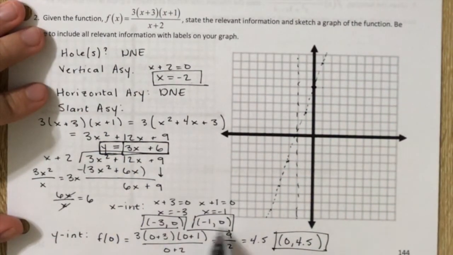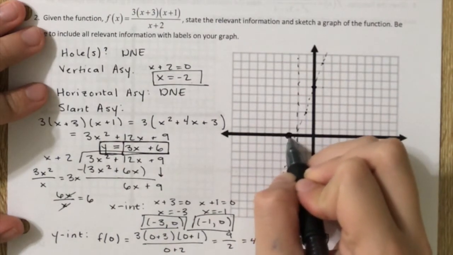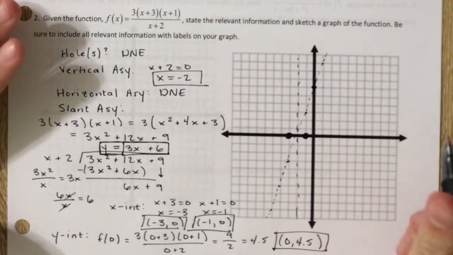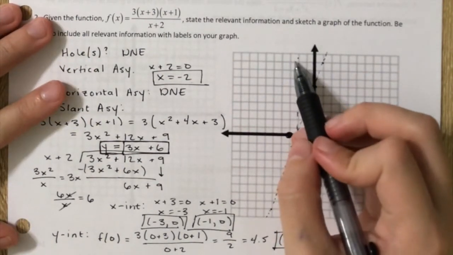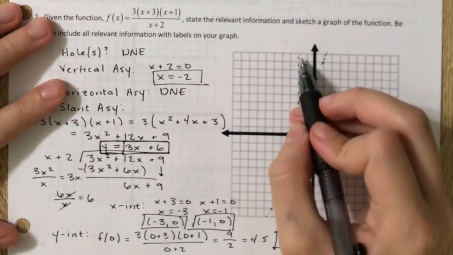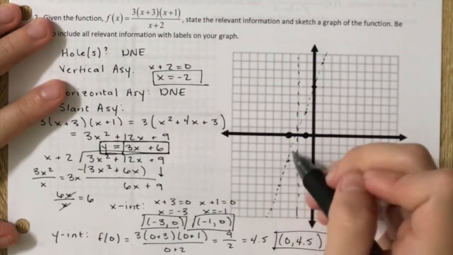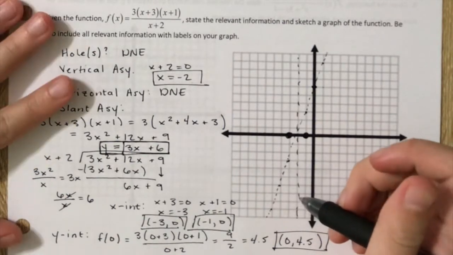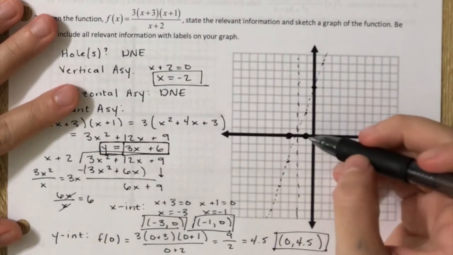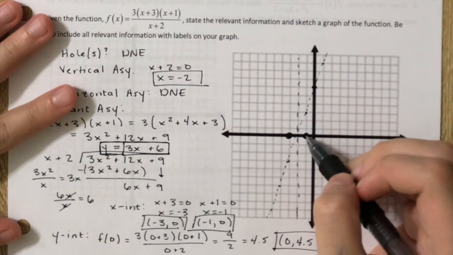Now we have our two x-intercepts, one at (-3, 0), and one at (-1, 0). Again, we have a similar situation where we need to figure out whether our graph is up here on top, or in this little sliver, or in this sliver. Where is our graph occupying? What section is it in? Well, it's pretty easy to see because we have these points graphed already.